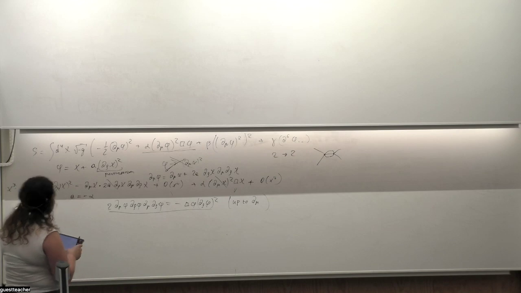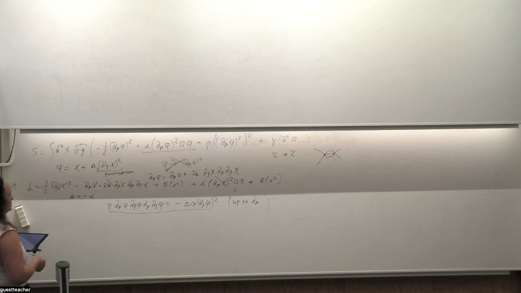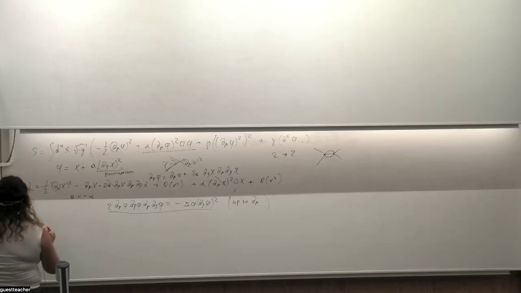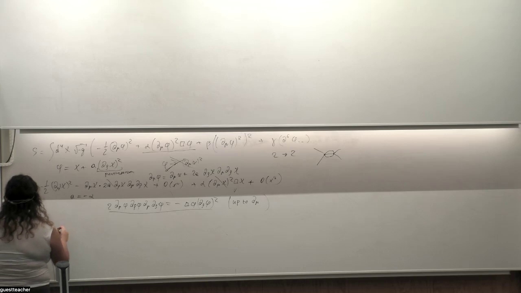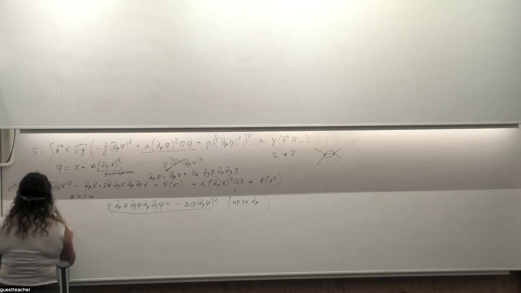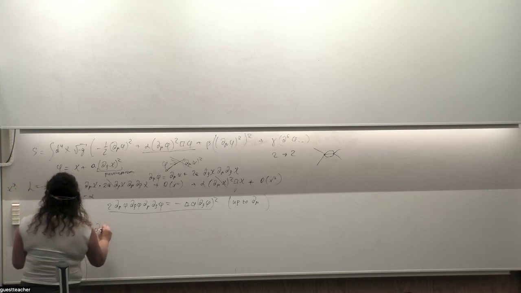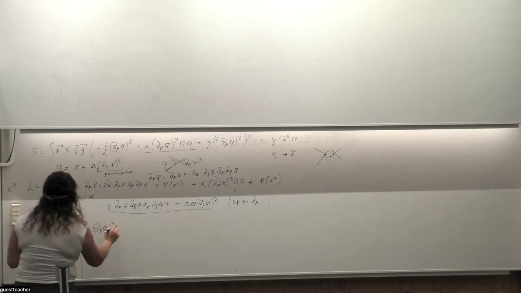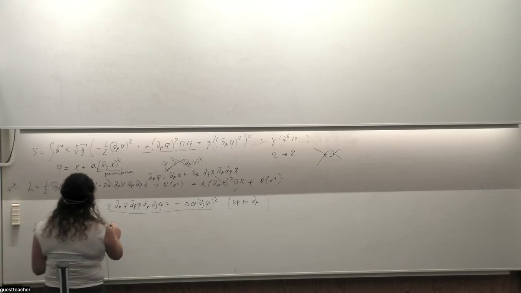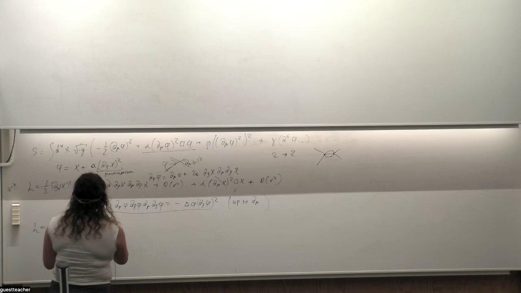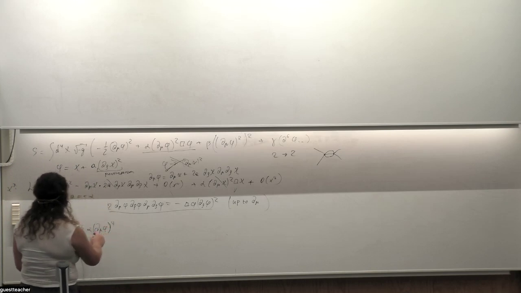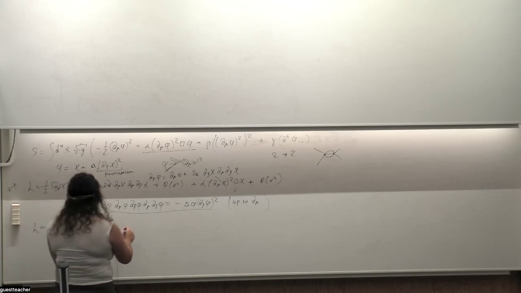So in this way, we can write a much more compact, non-redundant Lagrangian for the EFT. The first non-trivial interaction contributing to 2-to-2 scattering starts at the level of (d mu phi) to the 4.